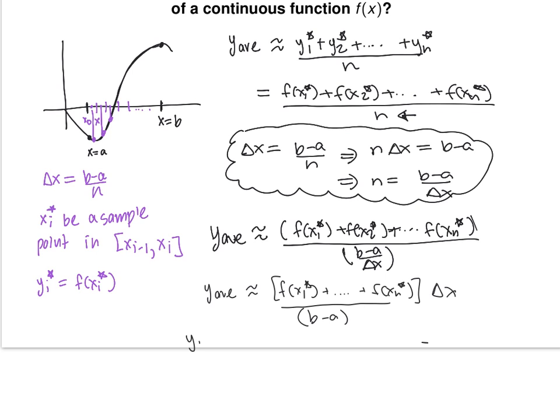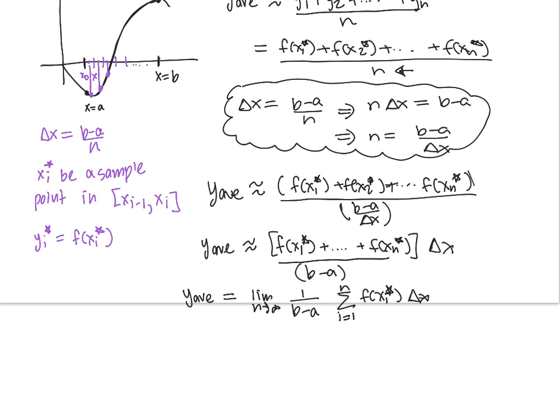To get the average value exactly, we take that expression and take a limit as n goes to infinity. I'm just going to write that a little bit more compactly: 1 over (b minus a) times the sum from i equals 1 to n of f of x sub i star delta x. And as you can see, that's going to become an integral.